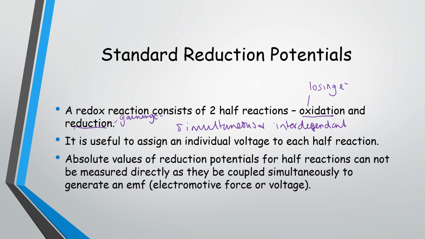So we often want to have an idea of which half reaction has the lower energy state. But to obtain these, we have to couple a particular half reaction with another half reaction to be able to measure it. So we actually couple them to what's called a reference cell.